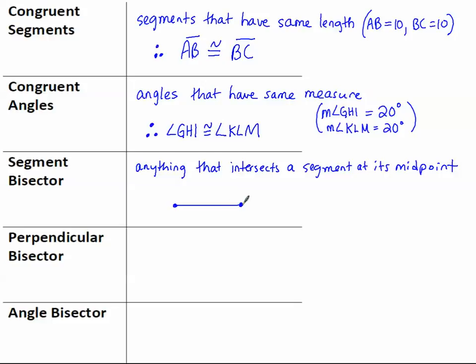Know how to use your compass and your straight edge to make the segment bisector. So I'm going to find the midpoint, and I'm going to say this half is congruent to this half, and then I'm going to draw the segment bisector by drawing any sort of line or ray or plane that crosses the segment at its midpoint.